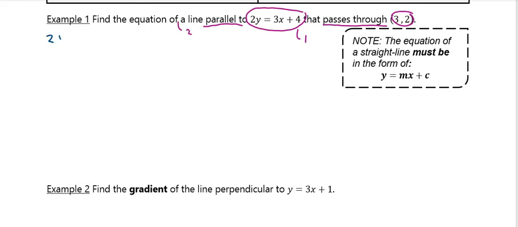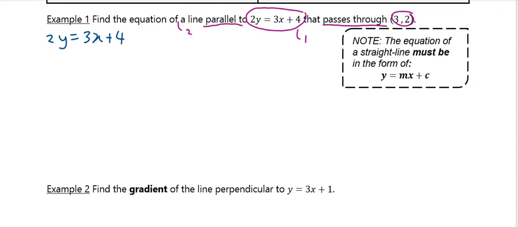So let's copy down this equation first: 2y = 3x + 4. Now you cannot straight away assume that 3 is the gradient of this equation, because note that the equation of a straight line must be in the form y = mx + c. But here you don't see y, you're seeing 2y.